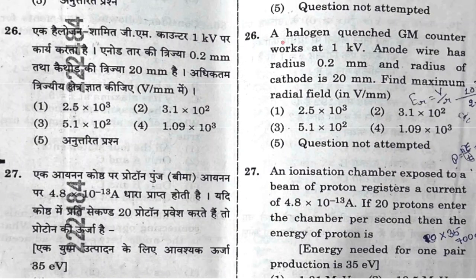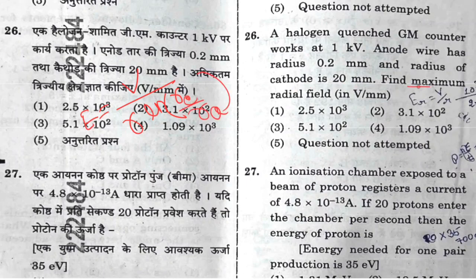Question number 26. A halogen quenched GM counter works at 1 kilovolt. Anode wire has radius of 0.2 millimeter and radius of cathode is 20 millimeter. Find maximum radial field in volt per millimeter. Okay, so you should remember, for a cylindrical geometry, the electric field is given by V by r ln of rc by ra.